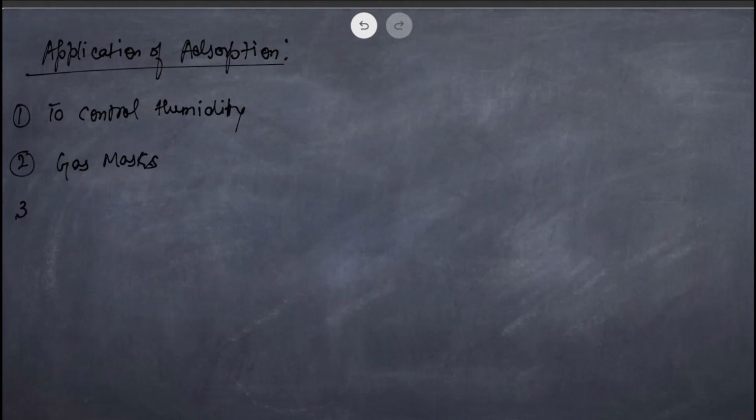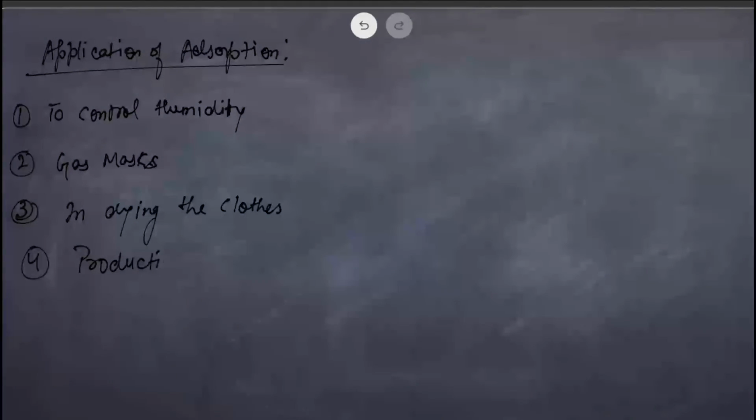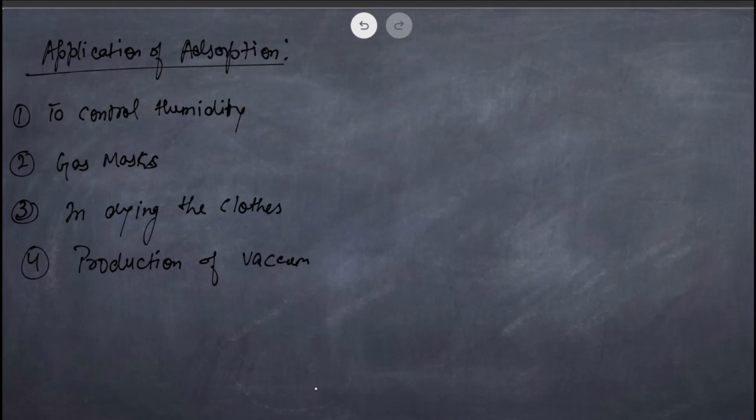Third, in dyeing clothes. Fourth is the production of vaccines. Fifth is to clean a solution.